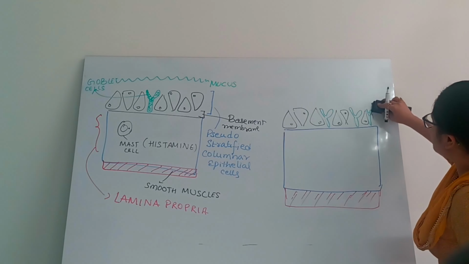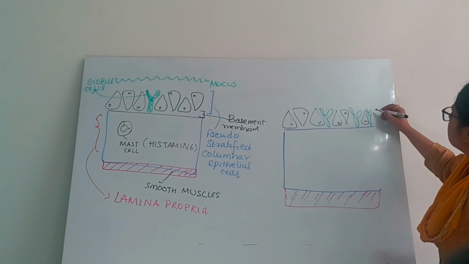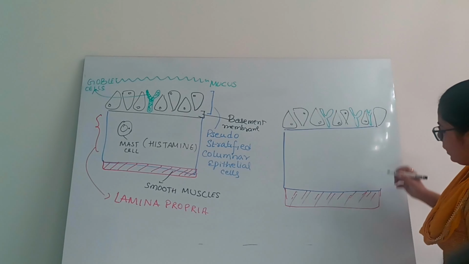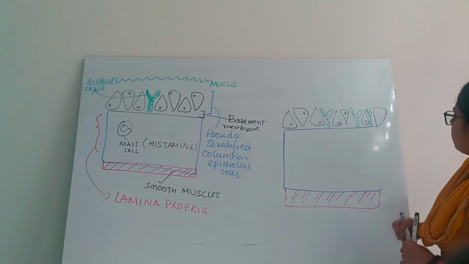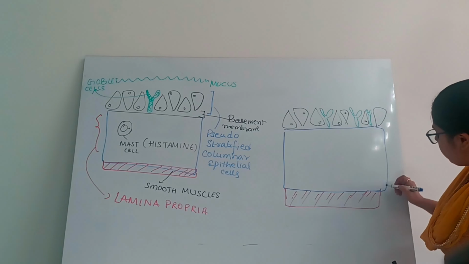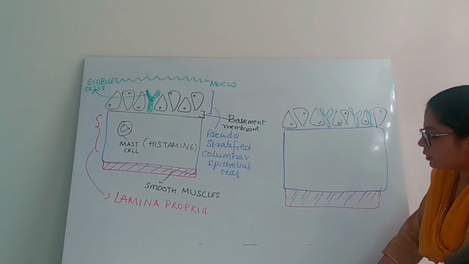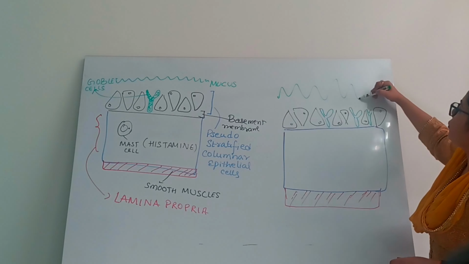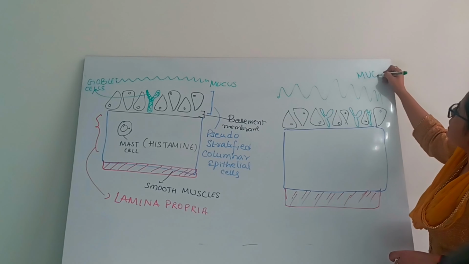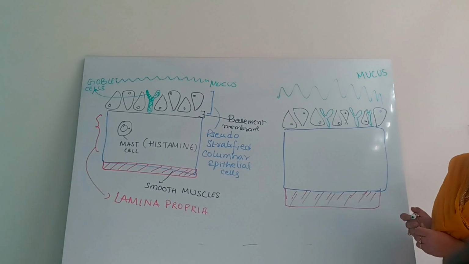I'll make it larger so that you have an idea. Second, in this case, the mucus secretion is excessive in an asthmatic condition.